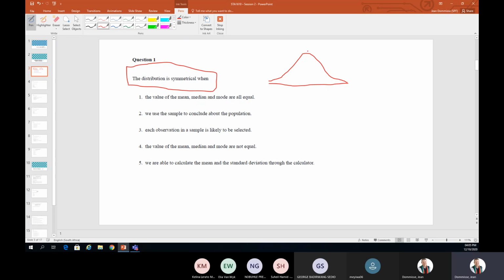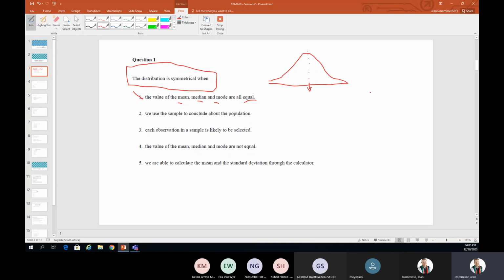And the thing with your normal distribution is that to be a normal distribution and to be symmetrical, your mean, median, and mode must always be exactly the same. So this one was very theoretical, but nearly at the first option already, the value of the mean, median, and mode are equal. So then you have a symmetrical distribution.